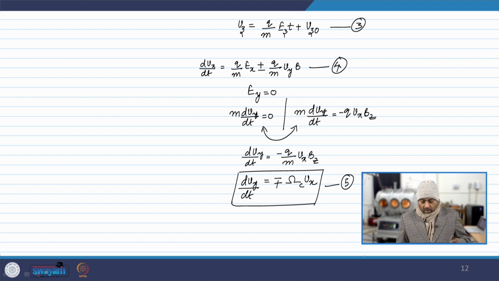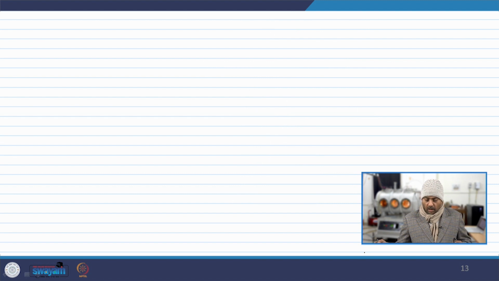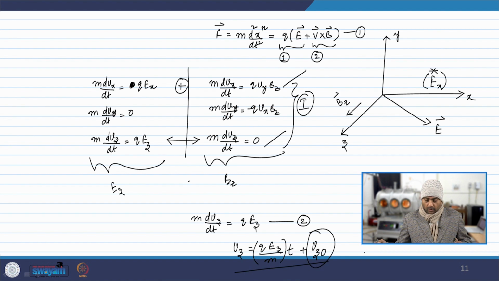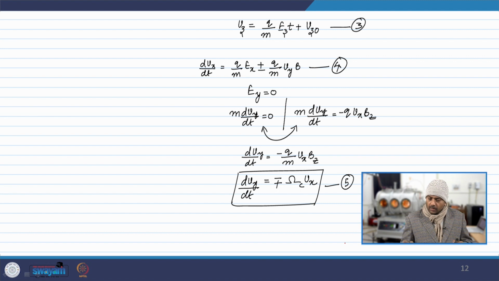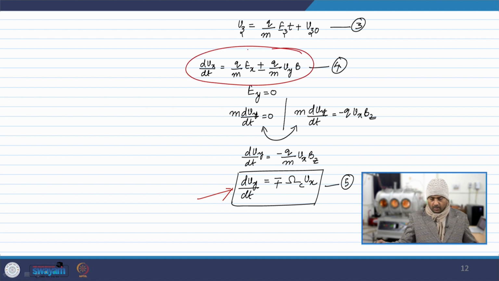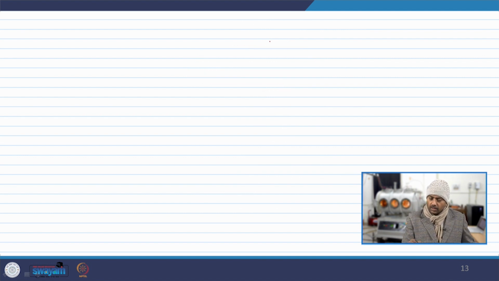So, the equations which are representative of the charged particle's movement are, what are those equations? This one, and then this one, and this one, right. Can we write them together so that we can easily understand?